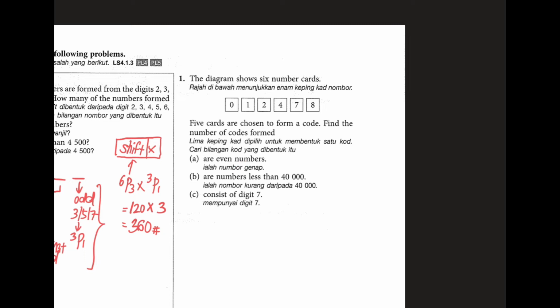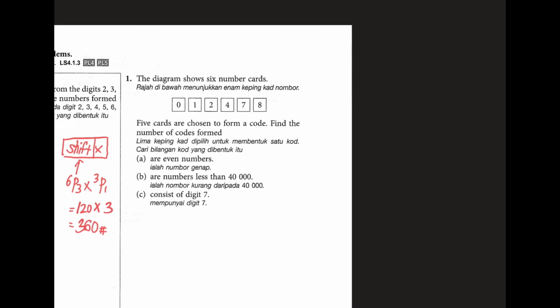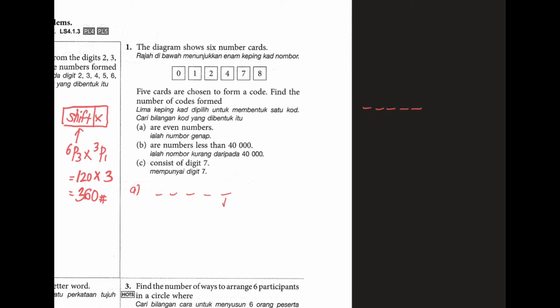So for example, 1, 2, 3, 4, 5. Okay, let's say I do it here. As long as the last digit is even, include 0, then it is an even number. So we can take 0, 2, 4, 8.